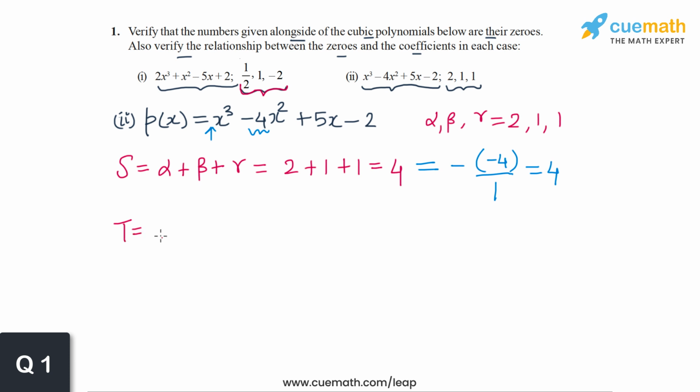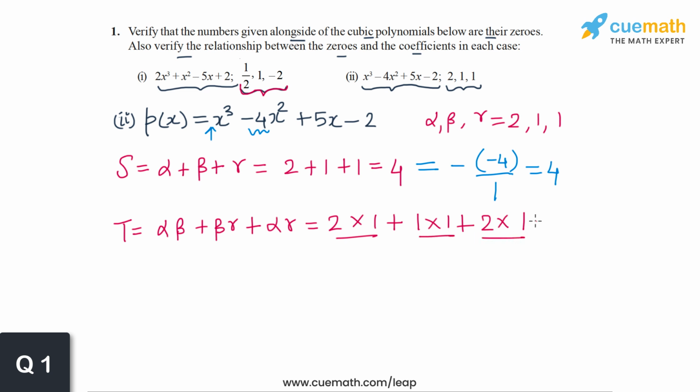So this is equal to alpha beta plus beta gamma plus alpha gamma. So this will be equal to 2 into 1 plus beta gamma will be 1 into 1 plus alpha gamma will be 2 into 1 again. So this is equal to 2 plus 1 plus 2, so that's 5.